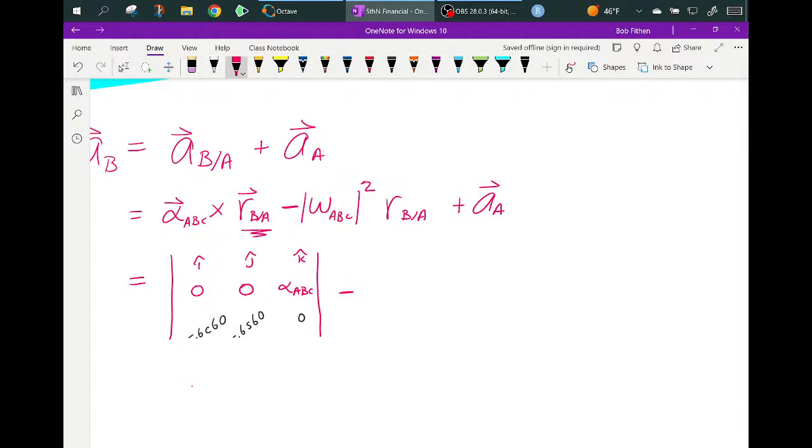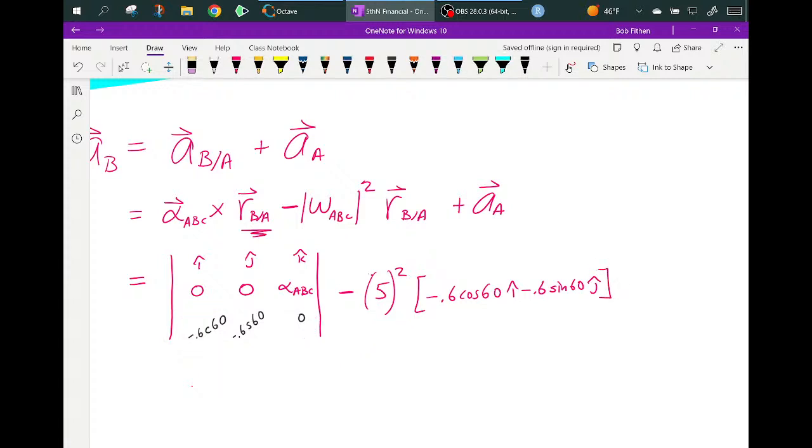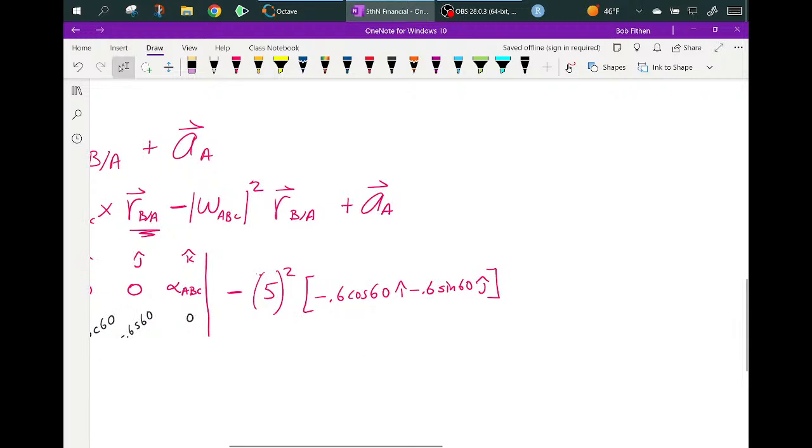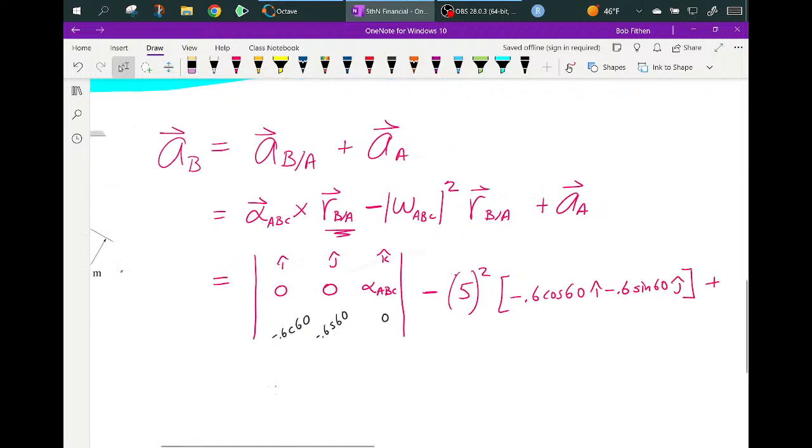Now the omega ABC, I believe, was 5. Now we don't care whether it's positive or negative. And now I just simply copy this vector right there, meaning minus 0.6 cosine of 60 I, minus 0.6 sine of 60 J, plus the acceleration of A, which is down.